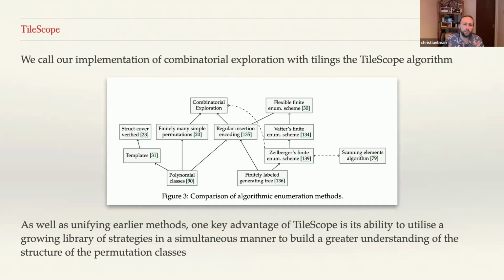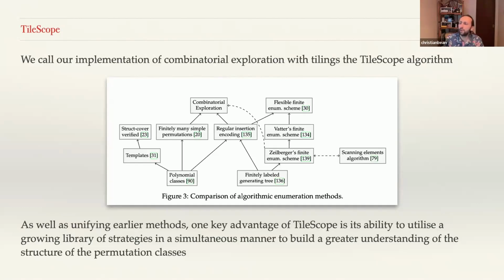So here in this figure, I've shown this inclusion table of the automatic methods in the field. In particular, I've shown combinatorial exploration there. In fact, we actually show that that dotted line coming from the finite enumeration schemes can be made solid, but in order to do that, we need to introduce a new strategy, which we call fusion.